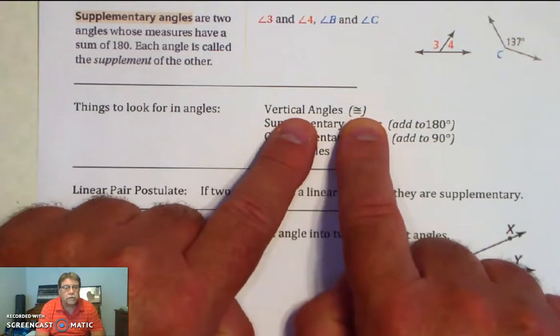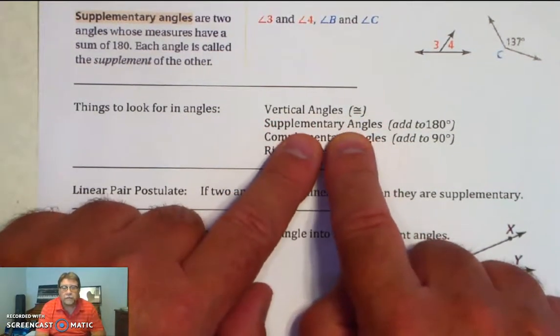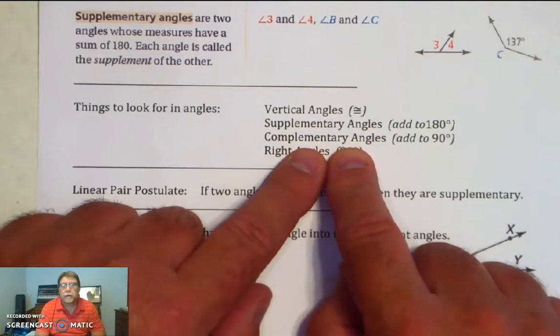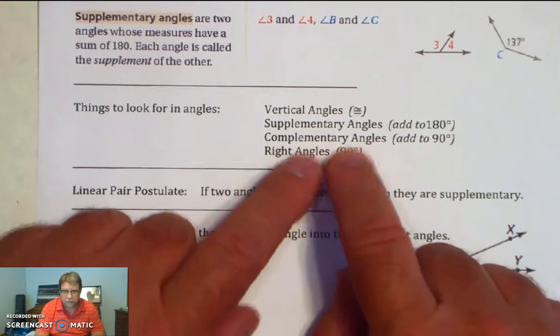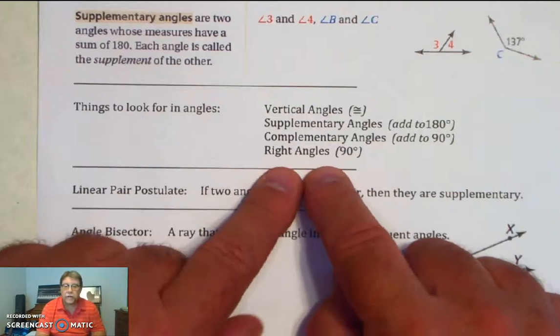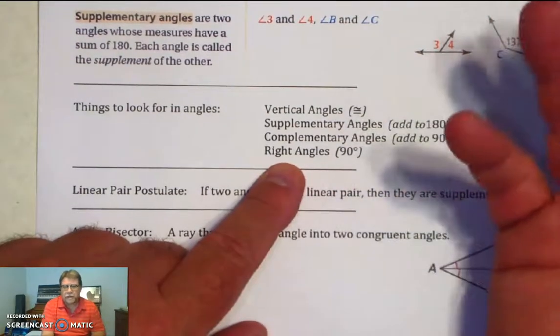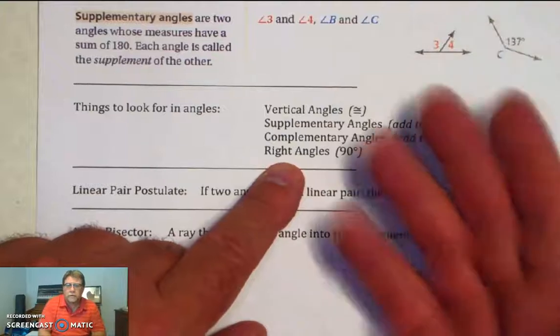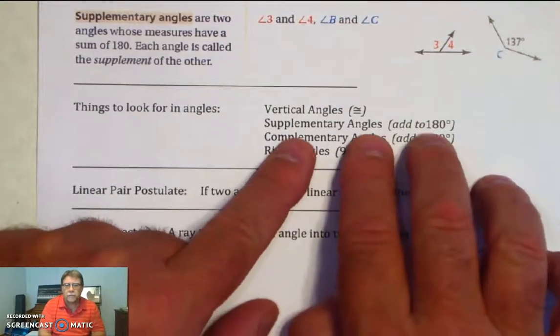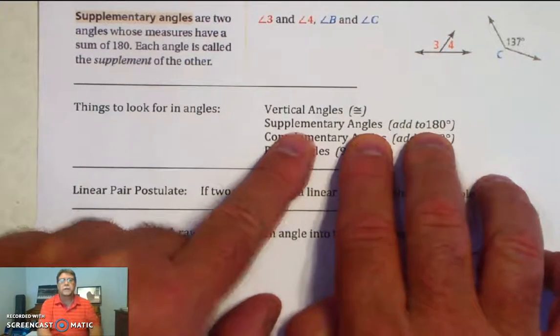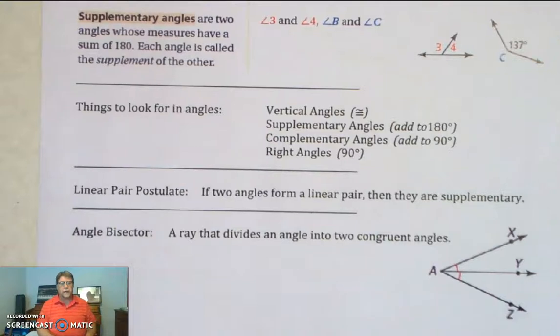So if you see vertical angles, you know they're congruent. Down here, supplementary angles, look for those, the ones that add up to 180. Look for the complementary angles, anything that adds up to 90 degrees. Look for right angles. That way you know that each angle is 90 degrees. So I don't have to tell you that it's 90 degrees. You should know it if you know it's a right angle. Or you should know that if we have two supplementary angles, that they're adding up to 180, things like that.